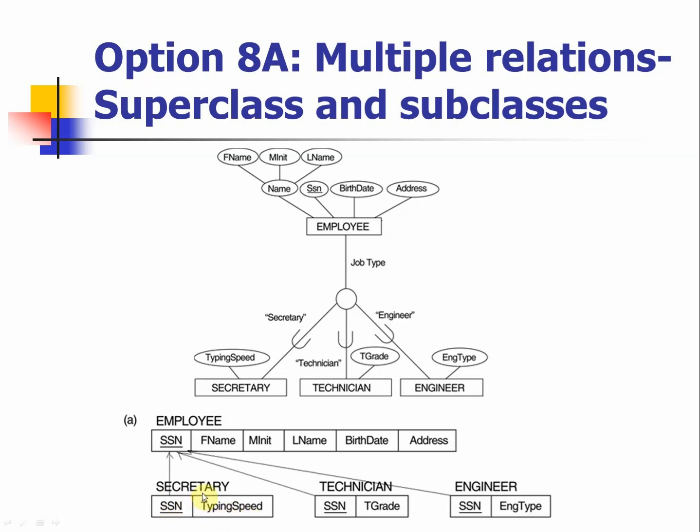It will only use the primary key that goes to the superclass, and whatever local attributes stay as is. So you can see that technician is doing the same thing, still using social security number, forming a foreign key, going back to the employee with its only local attribute. Engineer is doing the same thing. So that is the first choice, which is very similar to the original EER diagram.